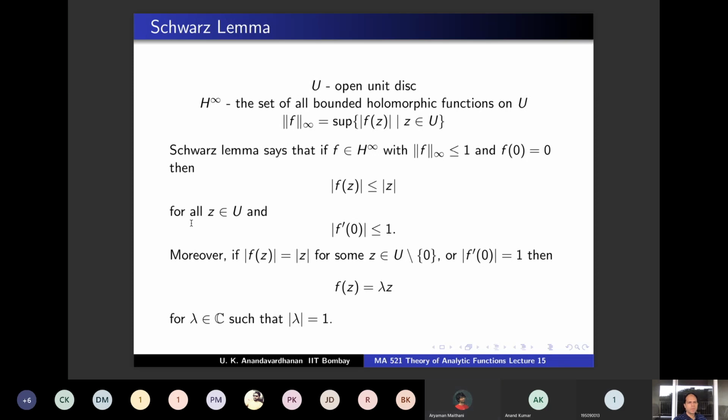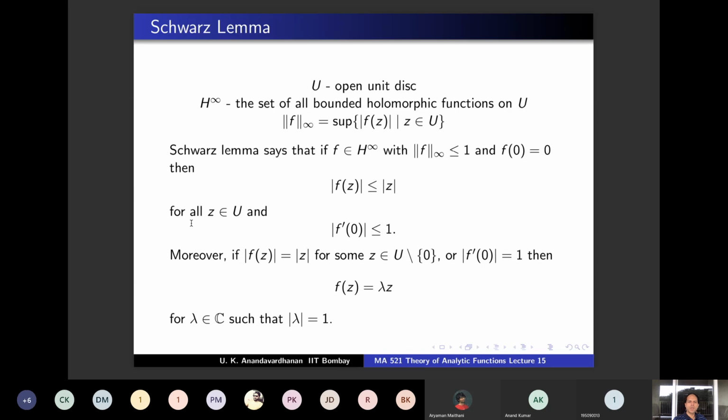Removable. That is because f is given to be holomorphic throughout U, and f of 0 is 0. So limit z going to 0, f z by z exists. It is just f prime 0. So it is removable, and therefore, by removing, you get a holomorphic function and you argue with that holomorphic function.